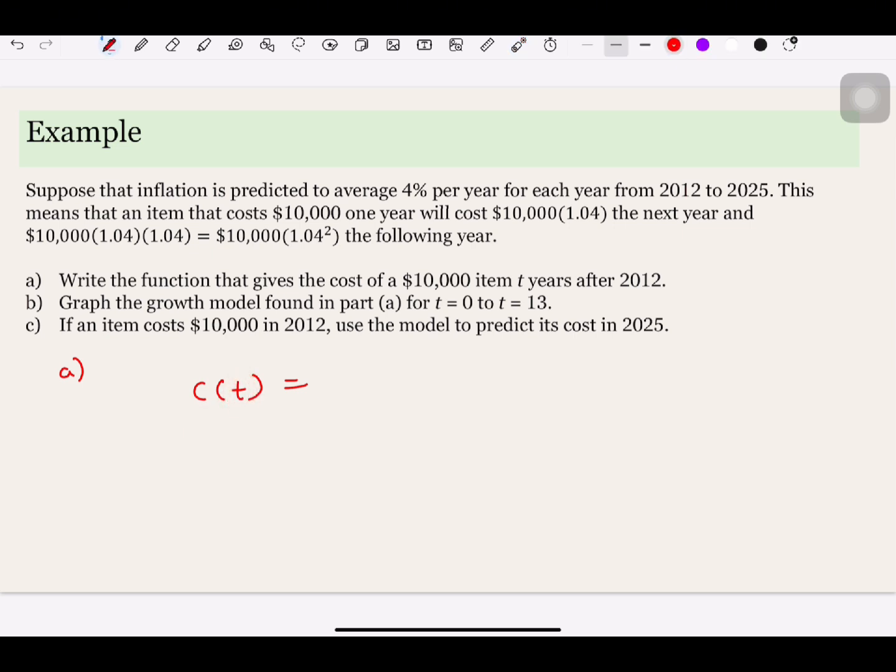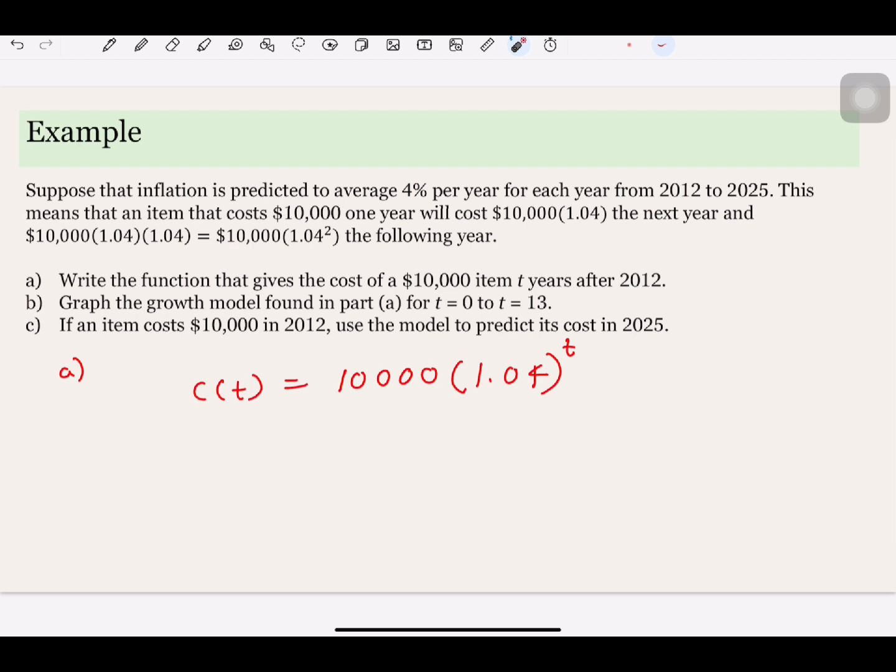Here you can write this as 10,000 multiplied by 1.04 to the power t, because after the first year the cost becomes this, the second year the cost becomes this. After t years, instead of 2 you replace it by t, the number of years. So this gives the cost of an item t years after 2012.